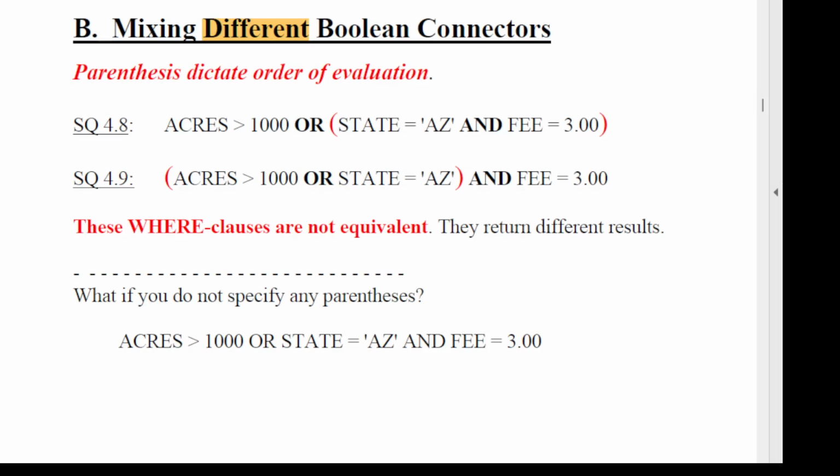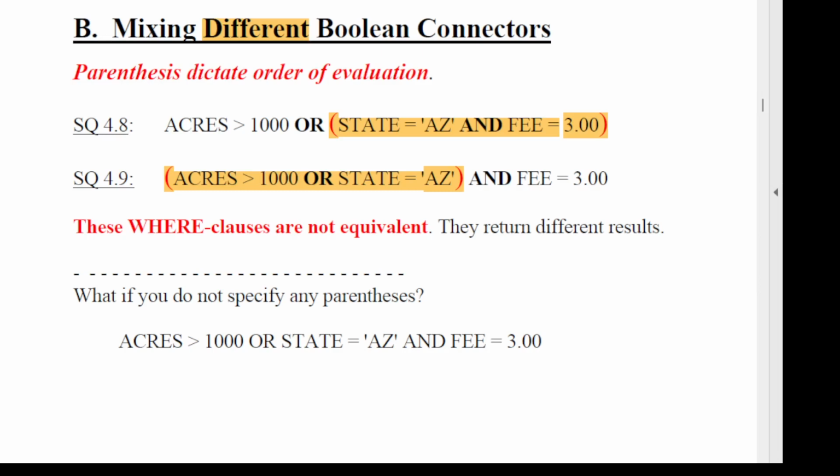When you put parentheses around the two simple conditions that are joined with AND, you're telling the system to do the AND logic first. Alternatively, when you put parentheses around the OR, you're telling the system to do the OR logic first.